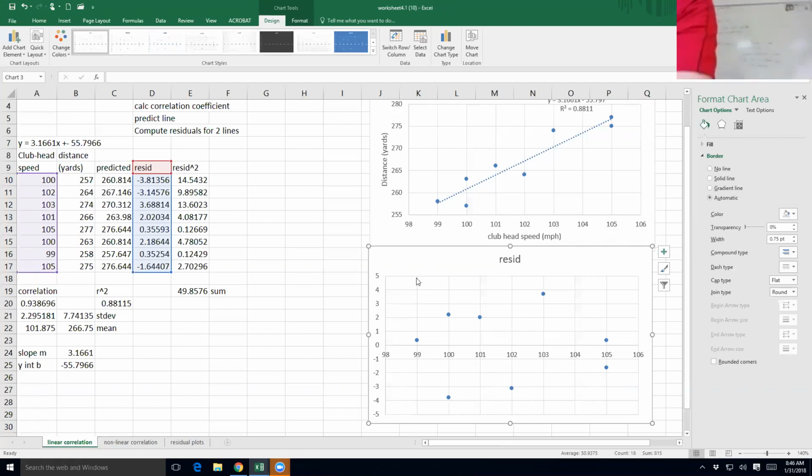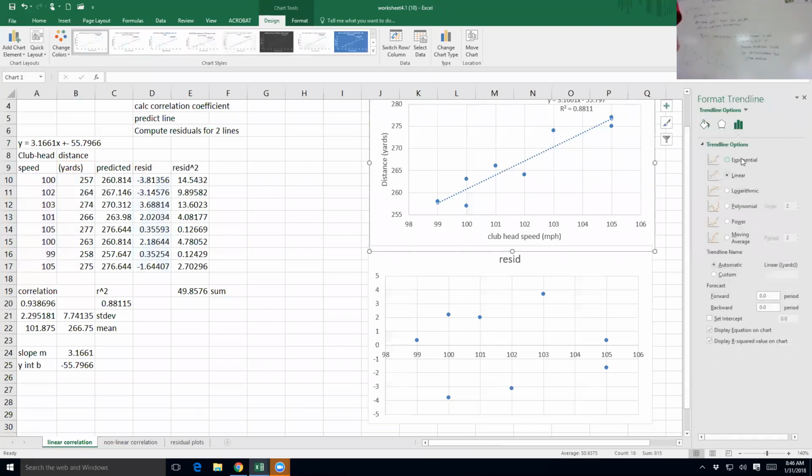So here's the deal. The one thing I do want to point out, since I've got this open here, if I go back up to this graph, we've got different types of trend lines you could do. In our class, we're only going to deal with linear trend lines. We could do logarithmic, exponential, polynomial.